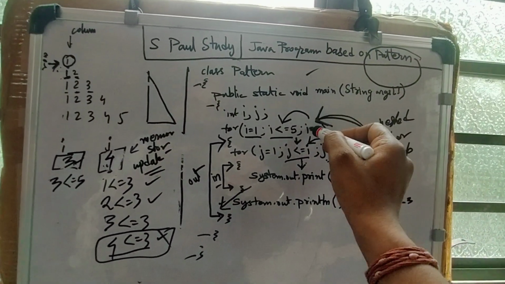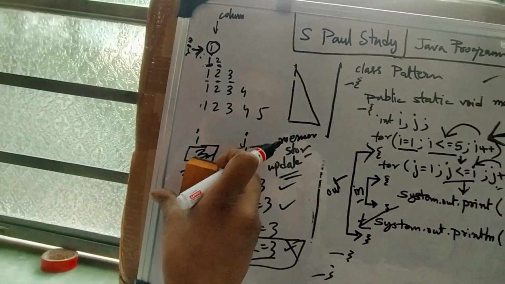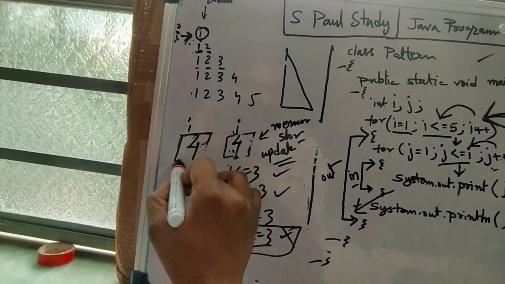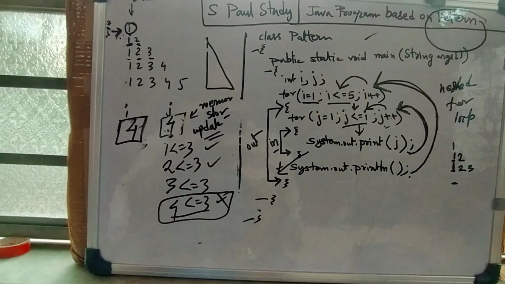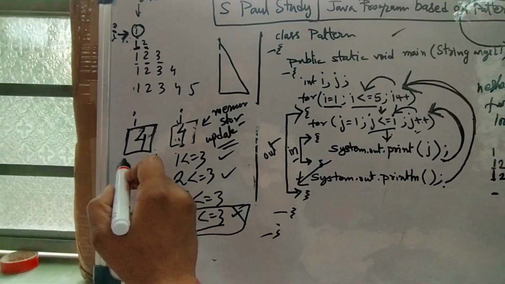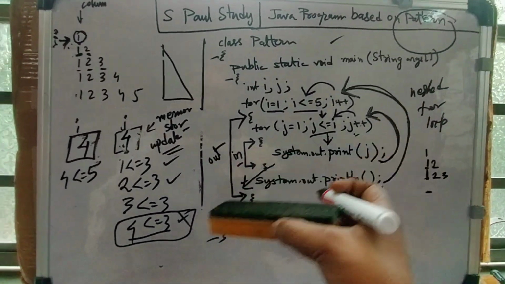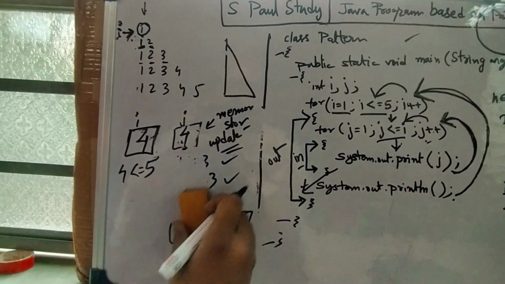Again the value of i is increased by 1, that is now the value of i is 4. Previously it was 3. 4 is checked with 5. It comes down, and a fresh loop starts.